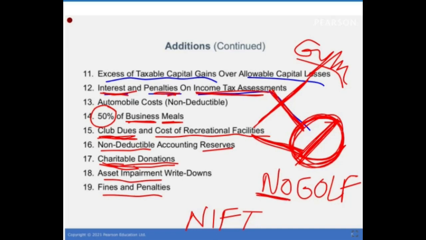You pay your utility bills late and they charge you a little interest on there, or even if you paid a property tax bill late and there was interest on it, that kind of stuff is fine. But CRA interest and penalties and any kind of legal fines and penalties, those will be a no-go. So you add them back.